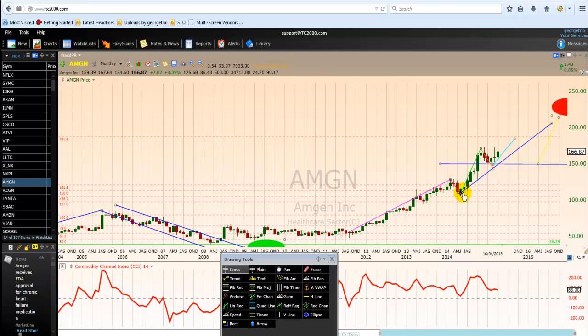The third wave can still be longer than the first, even though the first wave is extended. Can be equal. So as the third Elliott wave starts here, it can be equal to the first wave. It can be shorter than the first wave. It can be longer than the first wave. So we are prepared for the three scenarios. Can be equal. This is the target. I can use the magnitude as I showed you now to set my target.